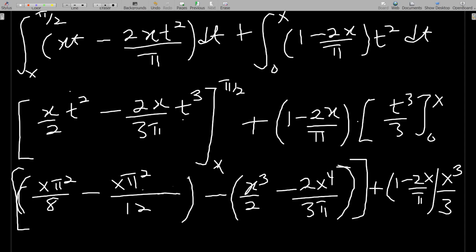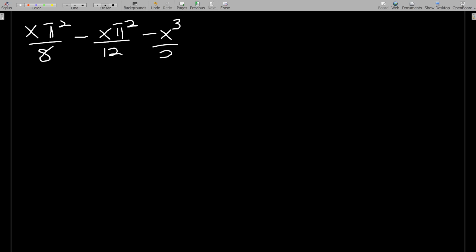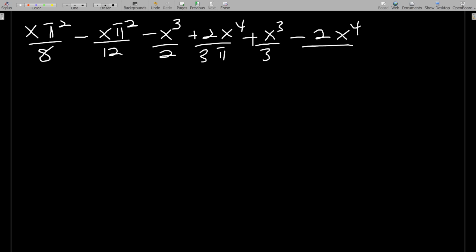So let's expand. I'll be expanding everything, so I want you to copy this and write it somewhere, so that when I expand it doesn't confuse you. With the expansion, I have x pi squared over 8 minus x pi squared over 12, then minus x cubed over 2, then plus 2x to the power 4 over 3 pi plus x cubed over 3 minus 2x to the power 4 over 3 pi.